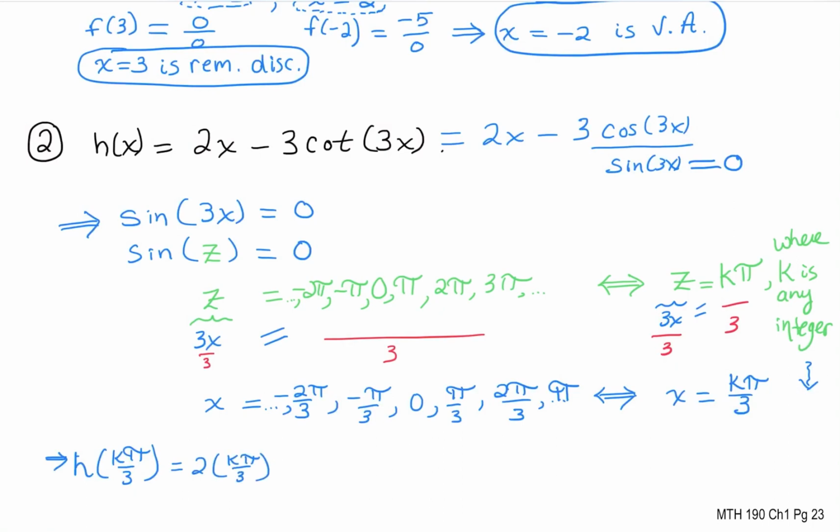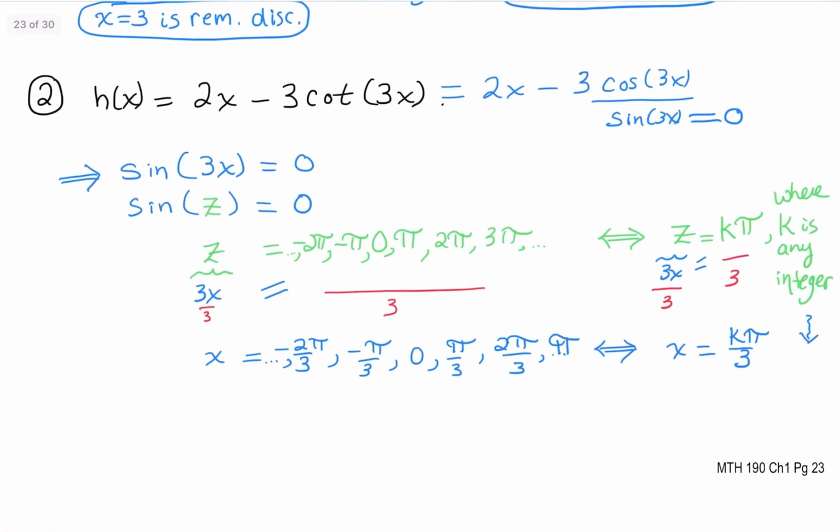That doesn't really matter. But essentially you're going to end up with a non-zero number over 0. I don't think we really need to write all that out. It's not going to be 0 over 0. These are going to be vertical asymptotes. And so that's really our final result here. We have vertical asymptotes at x equals k pi over 3, where k is any integer.